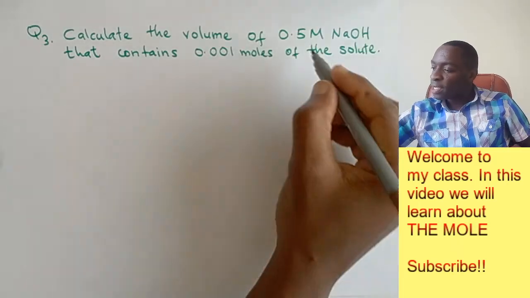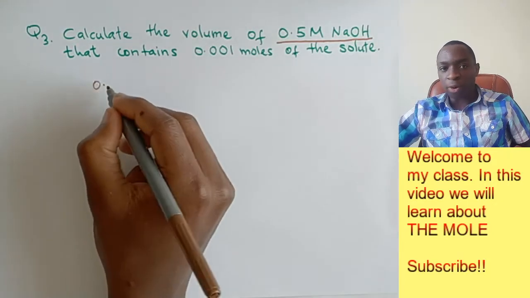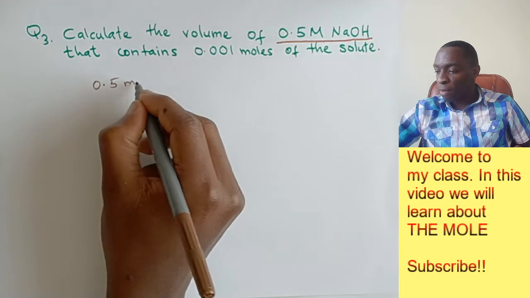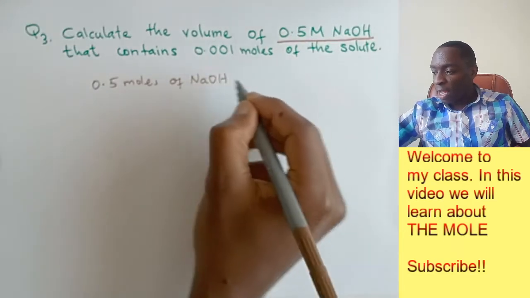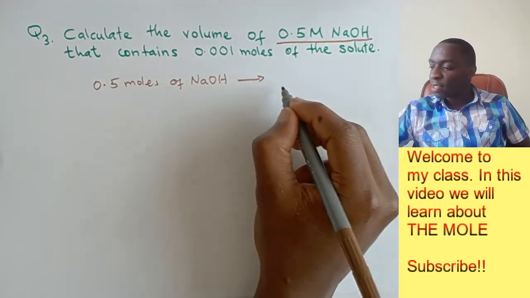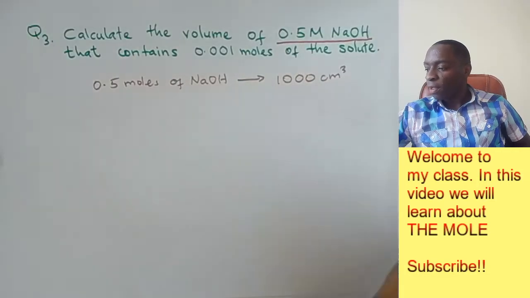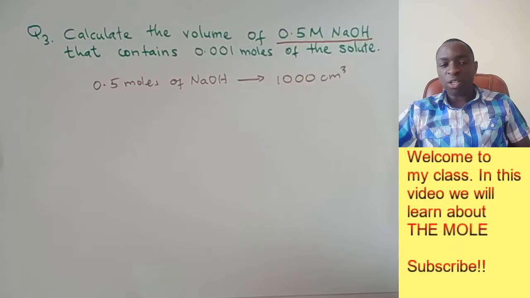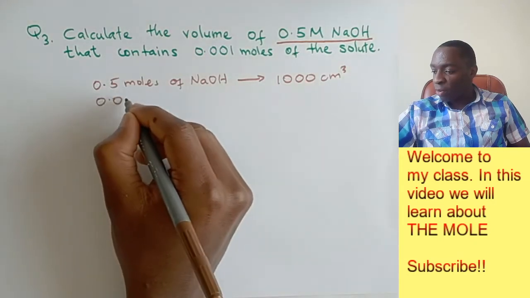So here we'll say that 0.5 molar sodium hydroxide means that 0.5 moles of sodium hydroxide are contained in 1,000 cubic centimeters. So now if that is the case, the question would be, what volume would contain 0.001 moles? So you'll put the 0.001 moles on this side.